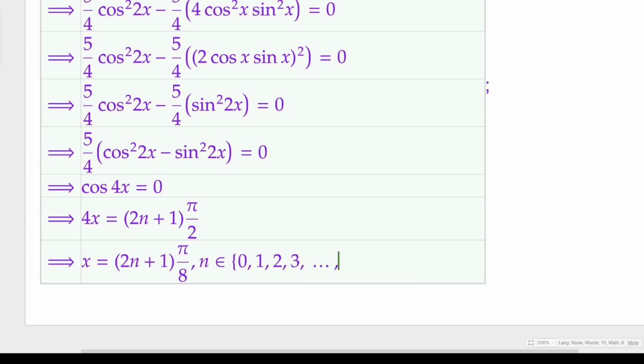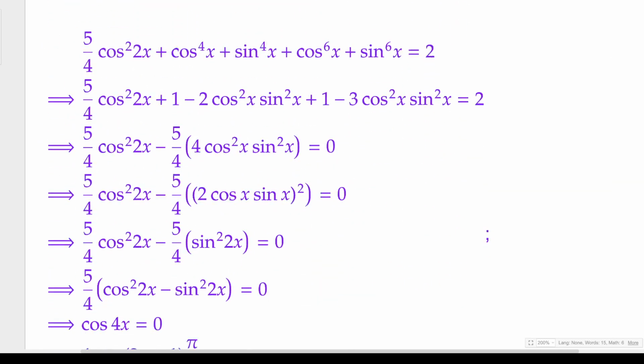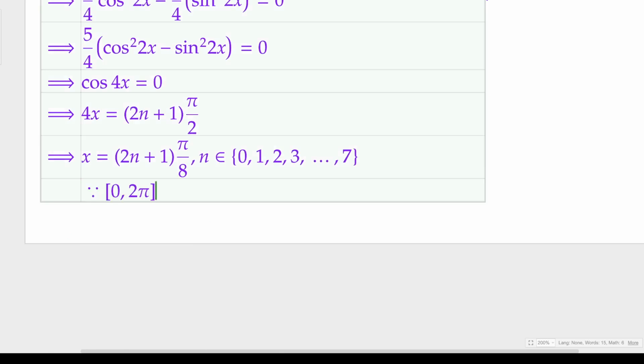What is the reason behind that? The interval given to us is 0 to 2 pi, so that's why these are the acceptable values. So 0 through 7, there are a total of 8 values that are acceptable.